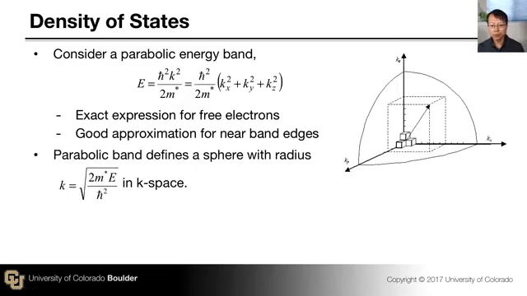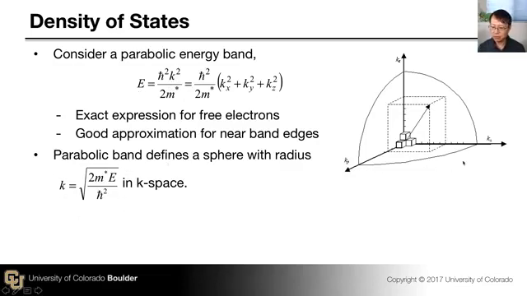Now, once you adopt this parabolic energy band structure, then you can define a sphere with a radius given by this. What is this? This is the k value corresponding to energy E. So, for a given energy E, in k space, if you plot all the k values that correspond to the same energy E, this equation tells you they form a sphere, and the sphere radius is given by this.